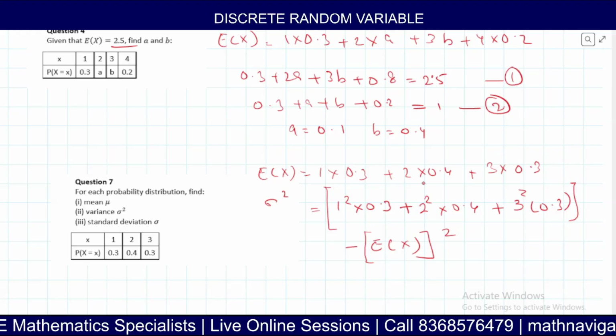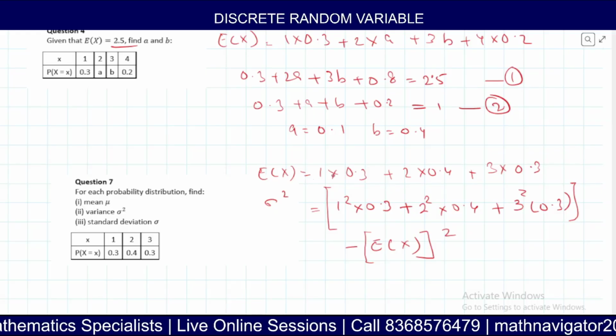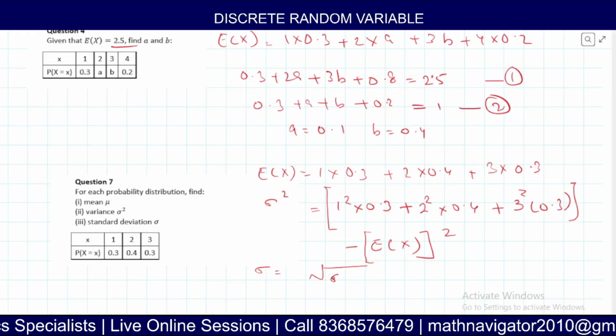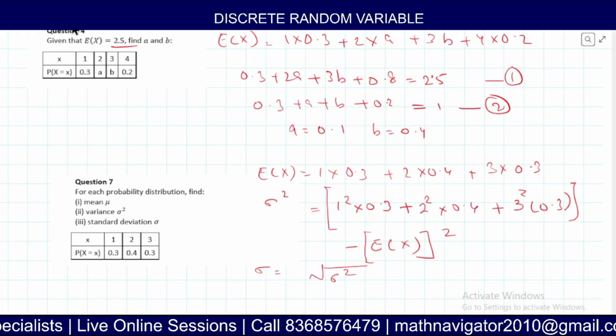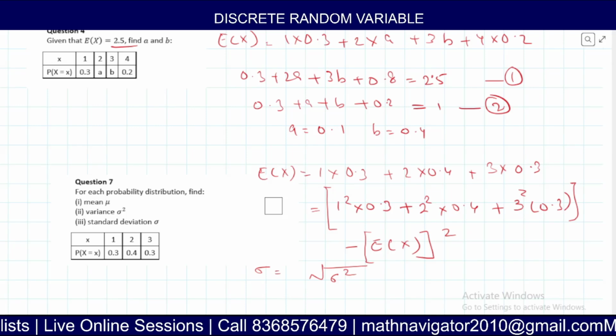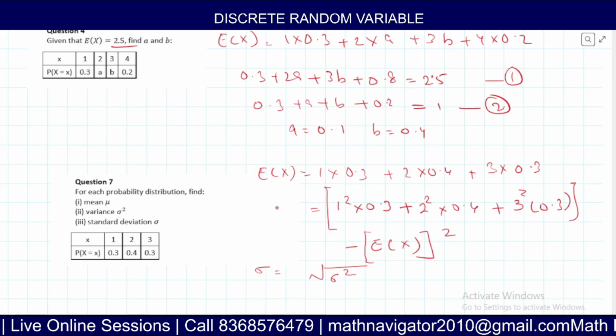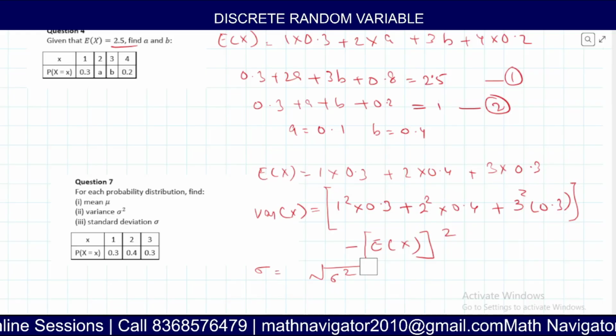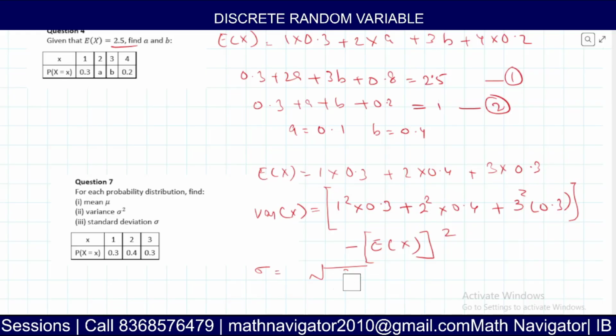This EX I've got from the upper thing, right? And then standard deviation is under root of sigma square, which is this. So I'll write it var X so that you don't get confused in the two terms. It is var X, that means variance of X. I'll write it.